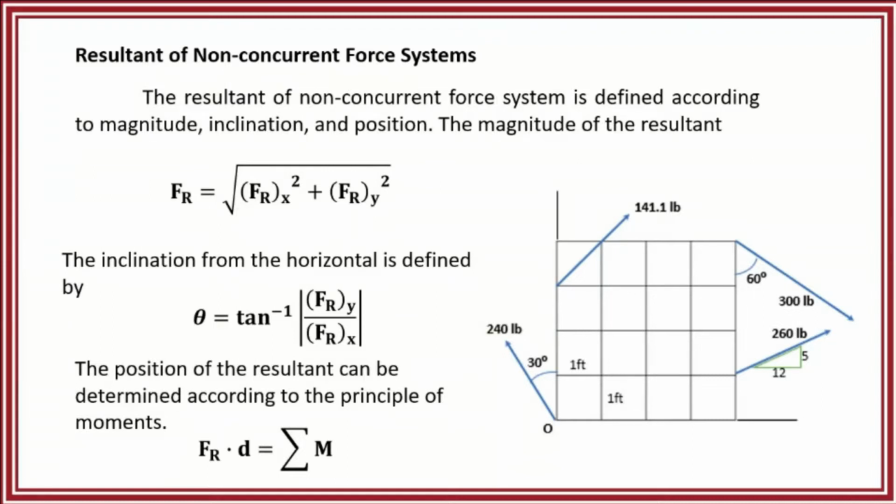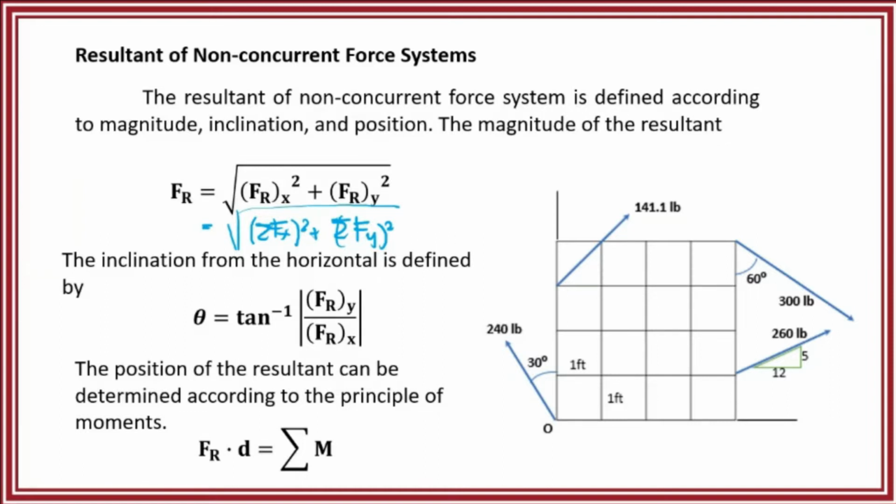It is the same as before. We use the summation of forces along x squared plus the summation of forces along y squared. That is the formula to solve for the resultant. It is just like solving a concurrent force system.